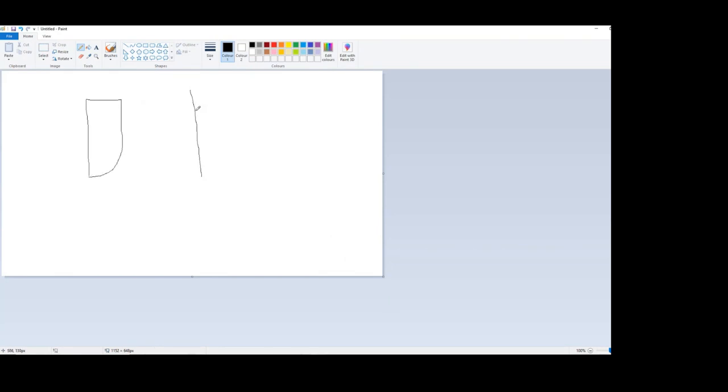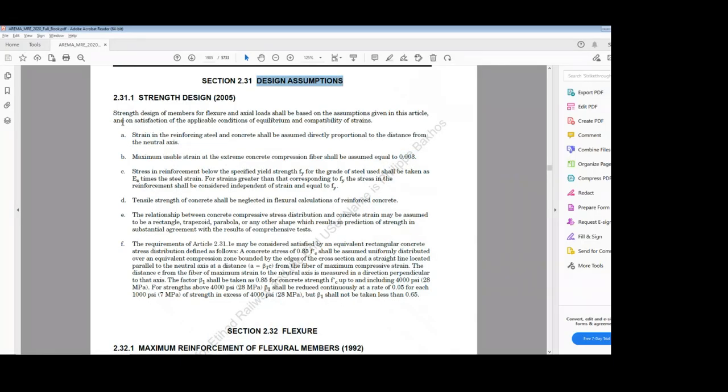But here they use a rectangular stress block diagram, the Whitney stress block diagram. This makes the AREMA standard very user friendly, very easy. We will also get here the maximum compressive strain in the extreme compression fiber, all those things.